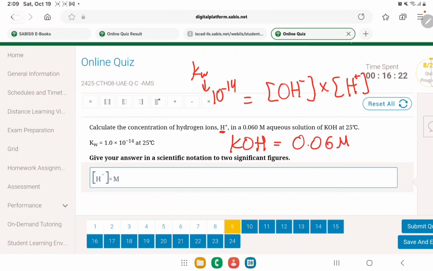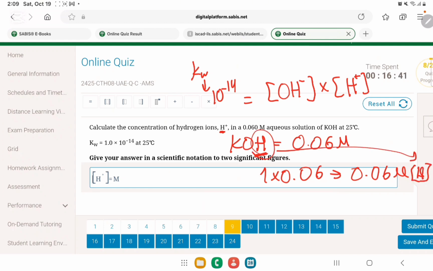How many H's do we have? We have 1. So it's going to be 1 times 0.06. So we're going to get 0.06 molarity of H. Because again, there's H here. So that's H. Here they want H. So we literally just got it.